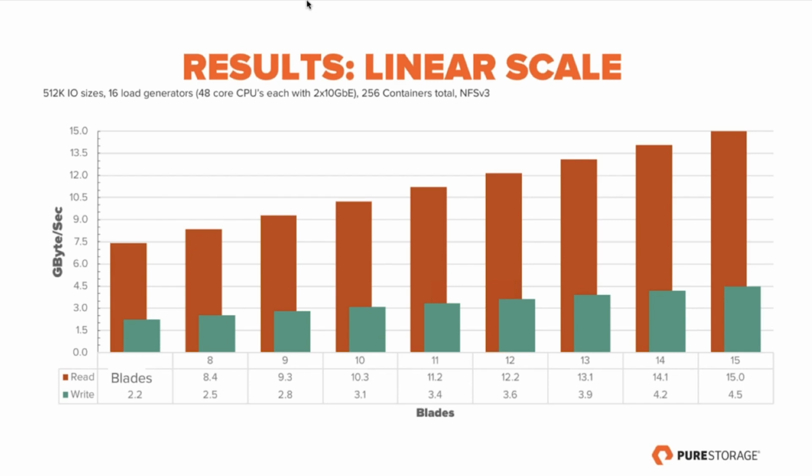So we're very confident that the number of applications that talk object is going to increase exponentially, and customers will demand performance that traditional object stores will not be able to give. So we think we're in a pretty good position with FlashBlade and the technology that it has.